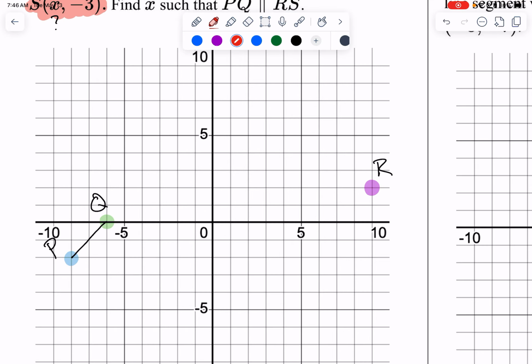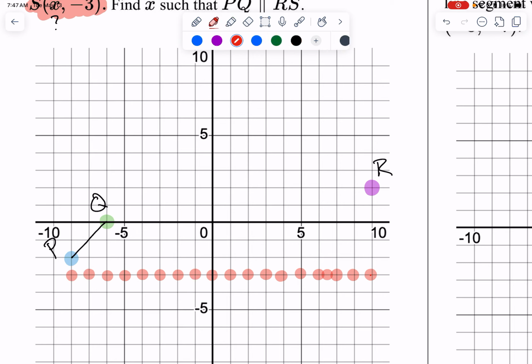That means somewhere along these -3 values for y, and it could even be in the middle between some points. It doesn't have to be exactly on the grid, but somewhere along this line where y equals -3, we're going to have an x value.